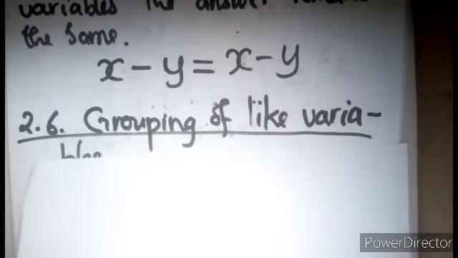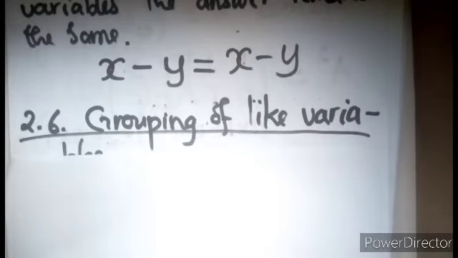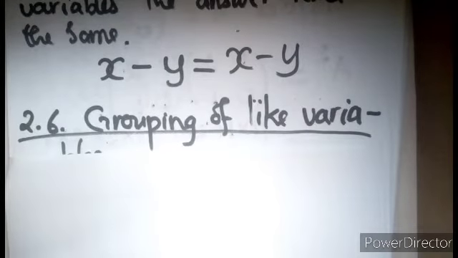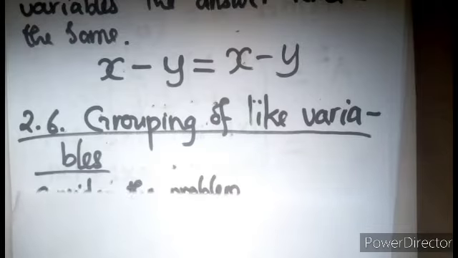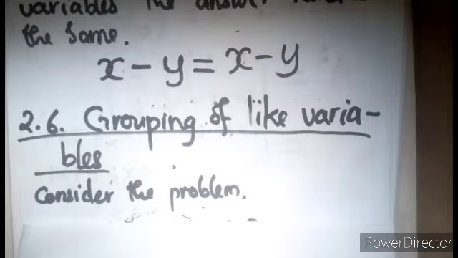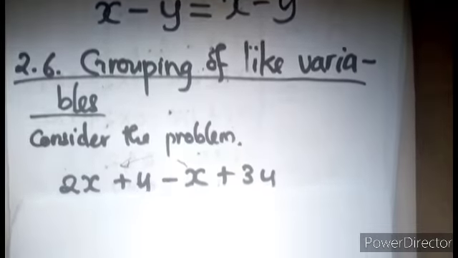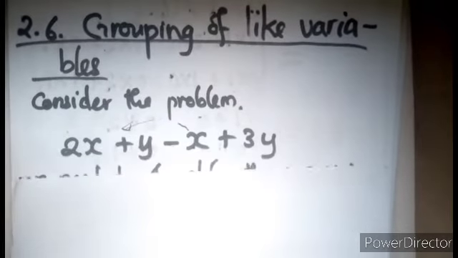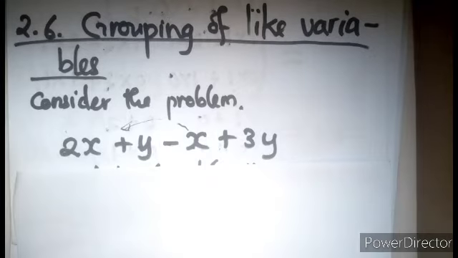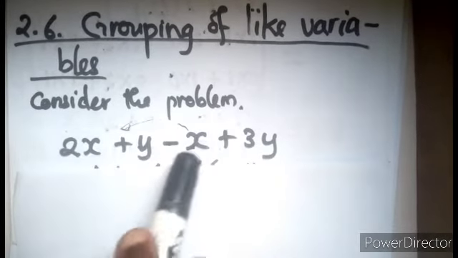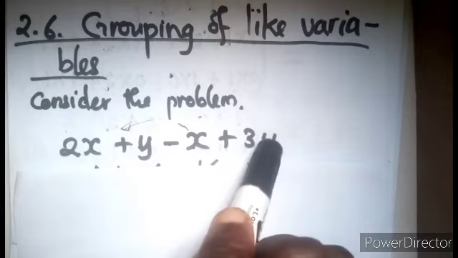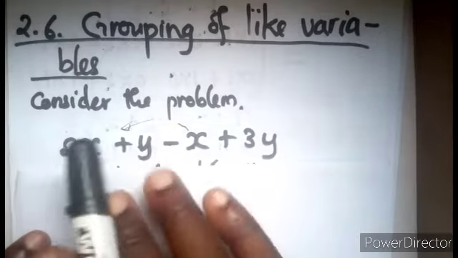Now we ended our last class with the grouping of like variables. This is a very important topic. Look at this problem: 2x plus y minus x plus 3y. You notice that 2x and x, y and 3y are found in different locations.